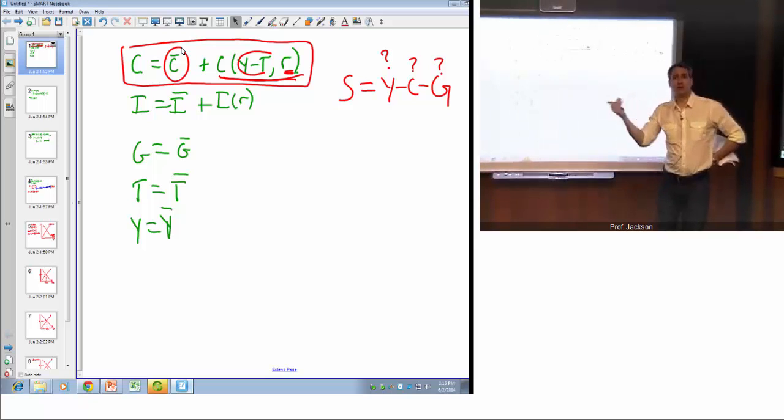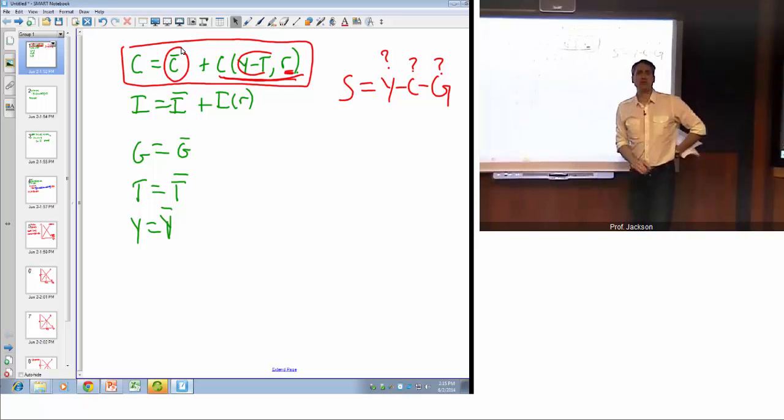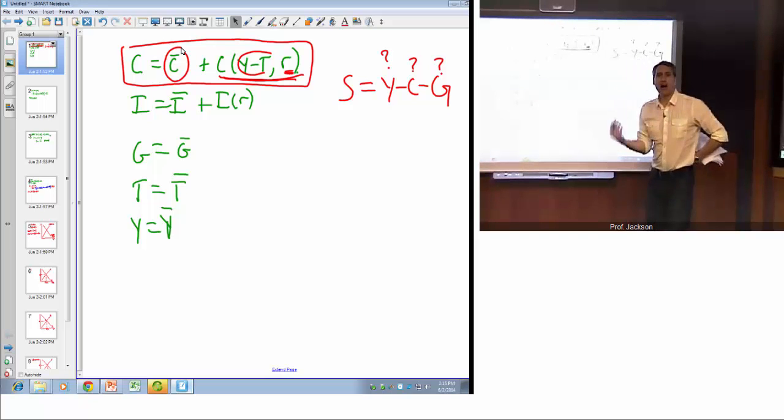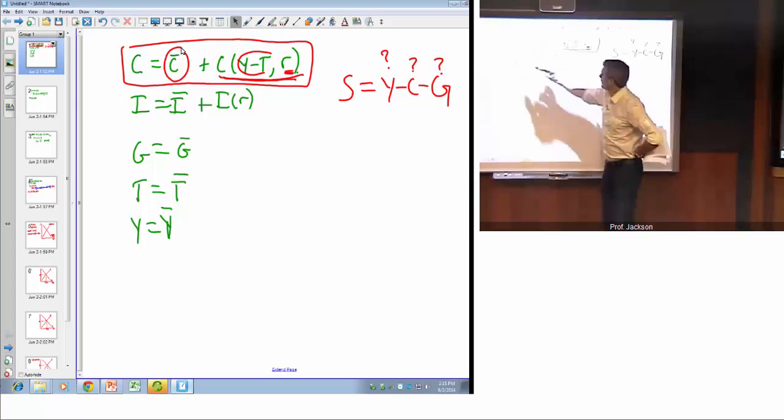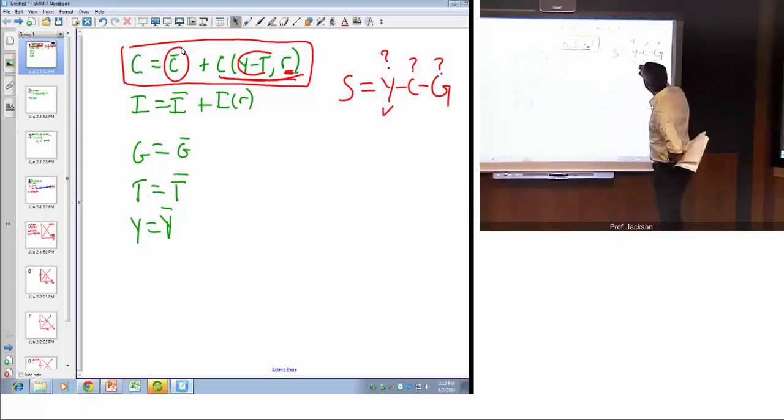So you would expect an inverse relationship between the real interest rate and consumption, representing the opportunity cost to consume.